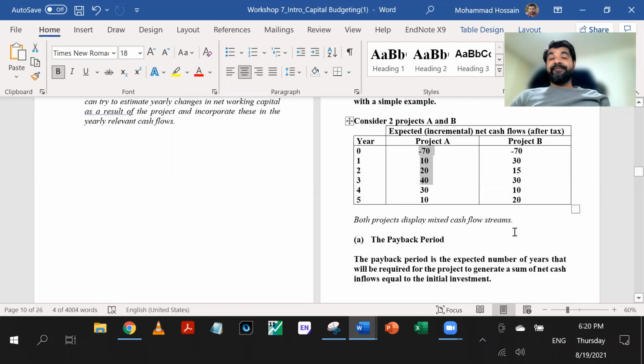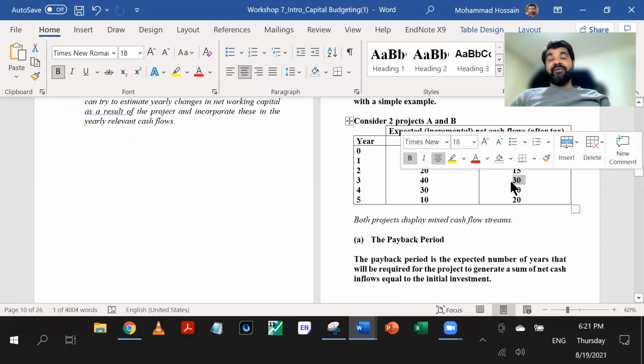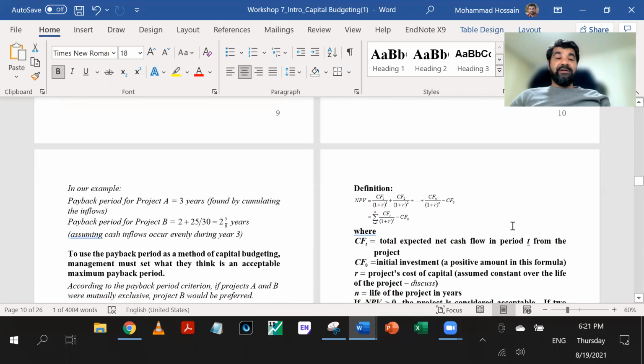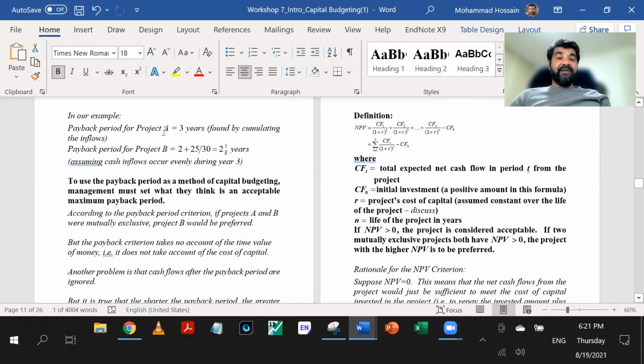For Project B, 30 plus 15 is 45. Plus we need another 25. In the third year, we're going to get 30, but we don't need 30, we need less than that. So to find out, we go on a pro rata basis. The payback period of Project A is 3 years, and for Project B it is 2 plus 25 by 30, which is 2.56 years.